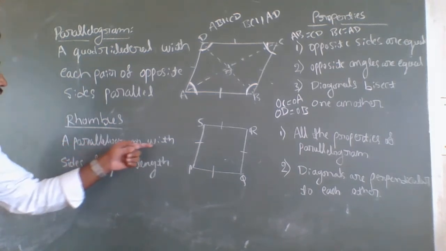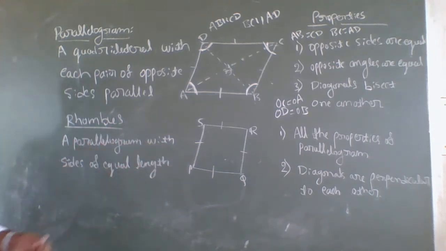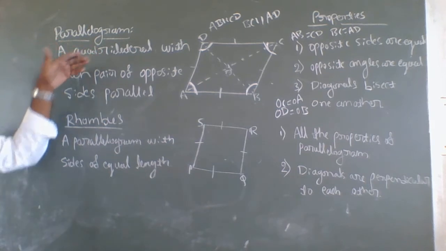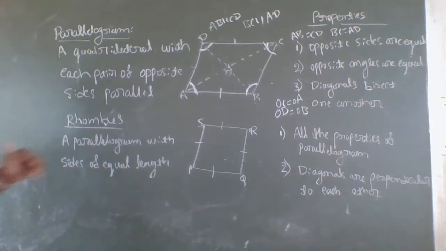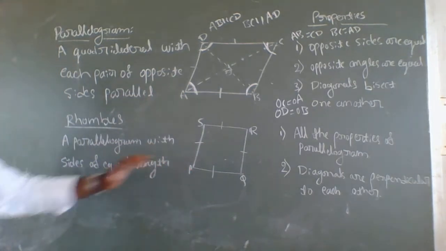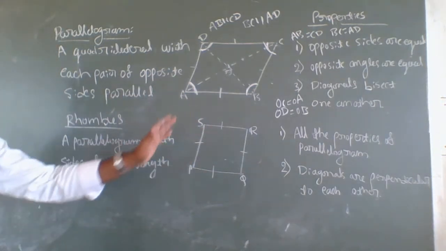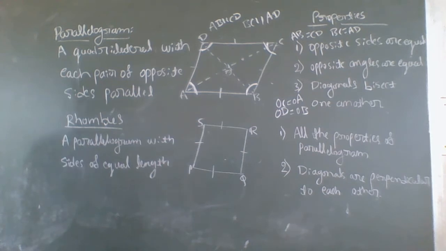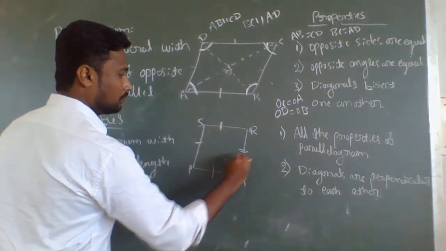What is the difference between a parallelogram and a rhombus? In a parallelogram only opposite sides are equal, but in a rhombus all the sides are equal to each other. So a rhombus is a parallelogram where all the sides are of equal length.